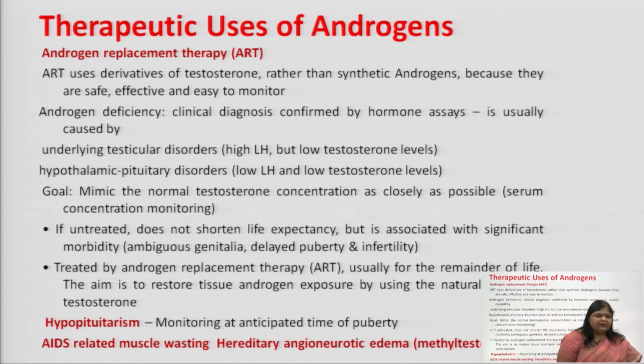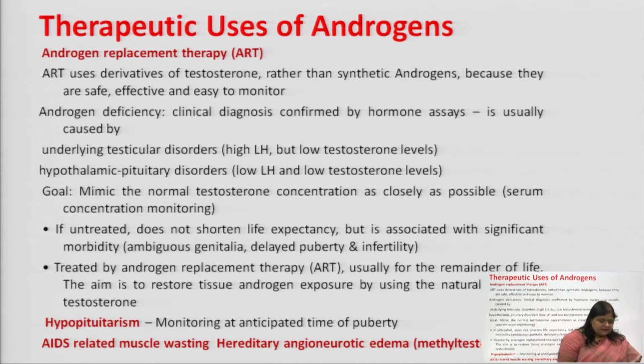Now, what do we mean by androgen replacement therapy? Whenever there is an androgen deficiency which is confirmed by clinical diagnosis by carrying out various hormonal assays, it could be due to certain testicular disorders, or it could be due to hypothalamic pituitary disorders, where there is a low luteinizing hormone and low testosterone level.